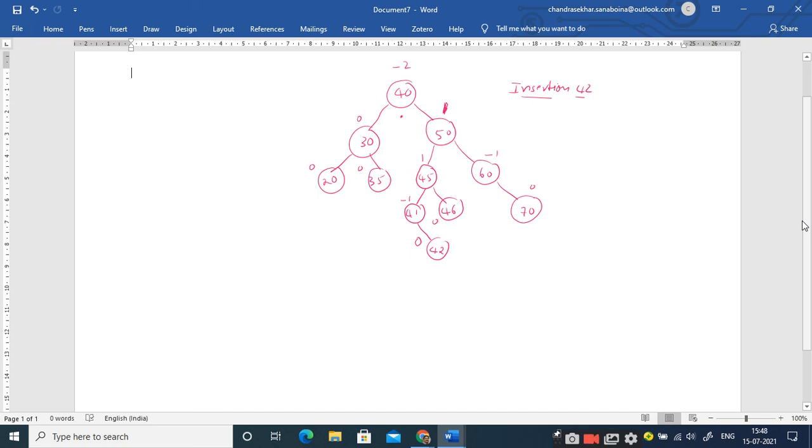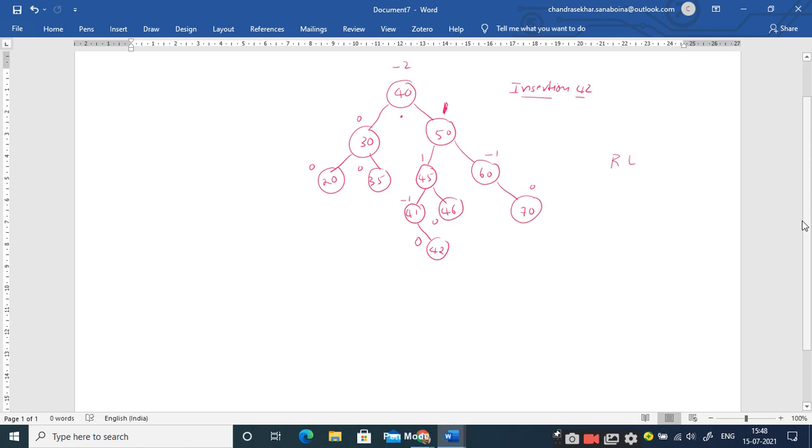Where you have inserted 42? If you consider from the root node, 42 is inserted as the left of right. You should not consider the entire path like this. Or else if you go from the root, we can call it R, L, L, L. This is not the case.